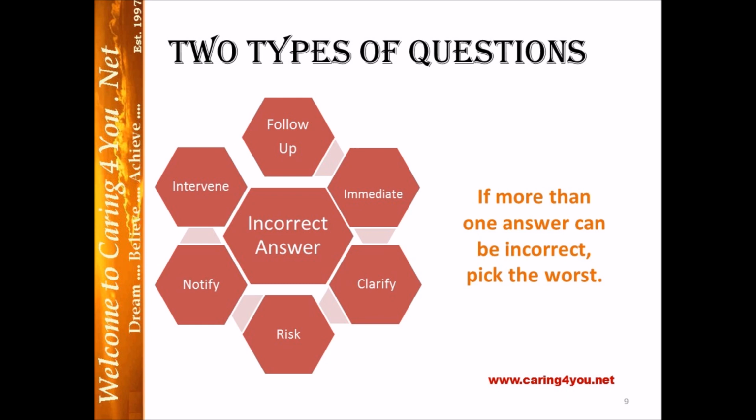So, if more than one answer can be incorrect, thereby making it a correct answer for the NCLEX, then you want to pick the worst. Now, what will help you a lot, and I'm not going to put it here, are my concepts.